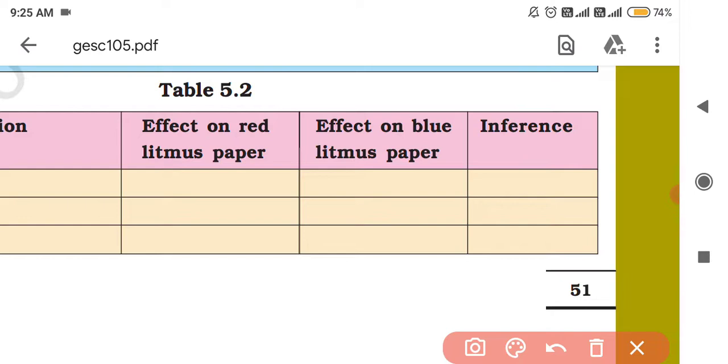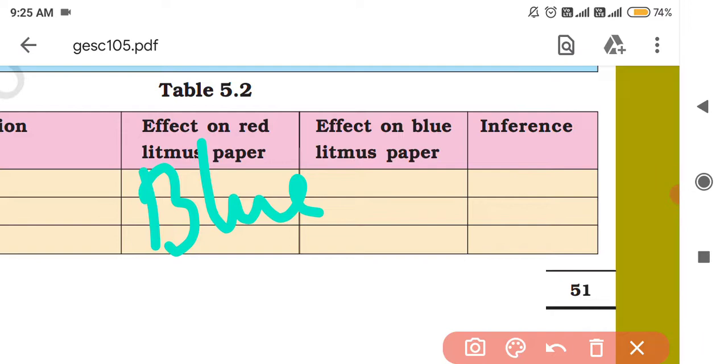Any soap solution or detergent is basic. Why? Because it is slippery to touch, and if you taste it, you will get a bitter taste. So it is basic in nature, and a basic solution will change red litmus paper to blue. You can write blue over here.